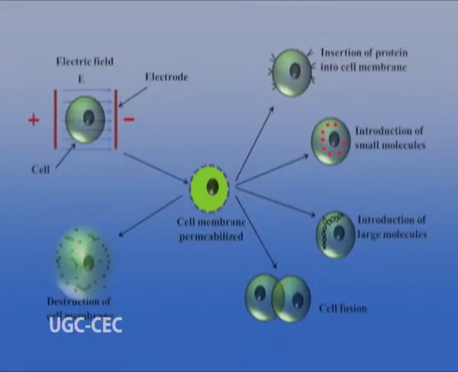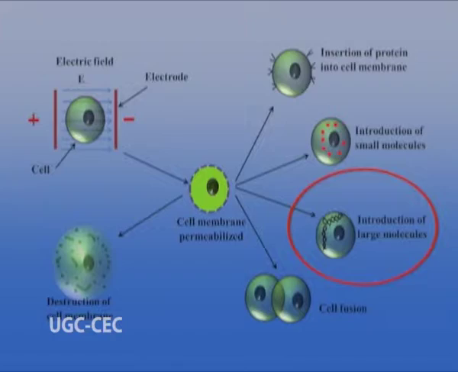The effects of this electrical imbalance are reversible only when the electrical pulse lasts less than 100 microseconds, else it may destroy the cell membrane. Under these favorable circumstances, DNA can be introduced into the cells without changing the cellular functions or the membrane integrity.